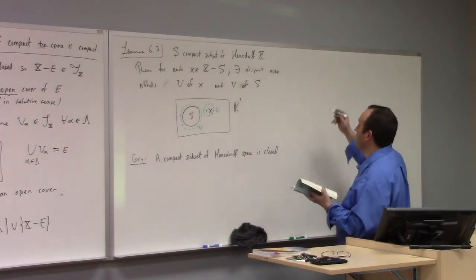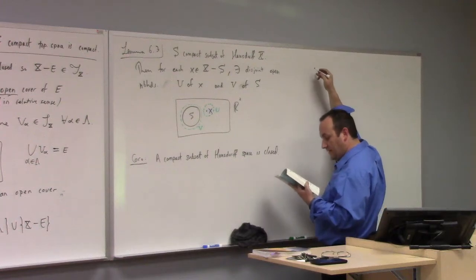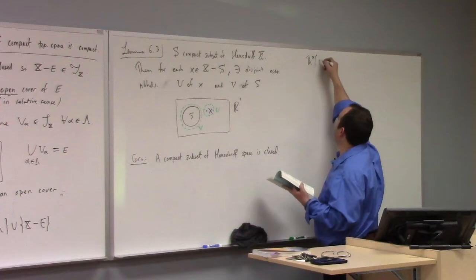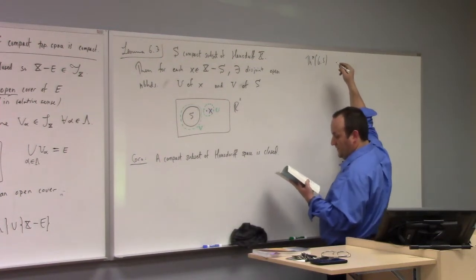There's more. Theorem 6.5. A compact Hausdorff space is normal.